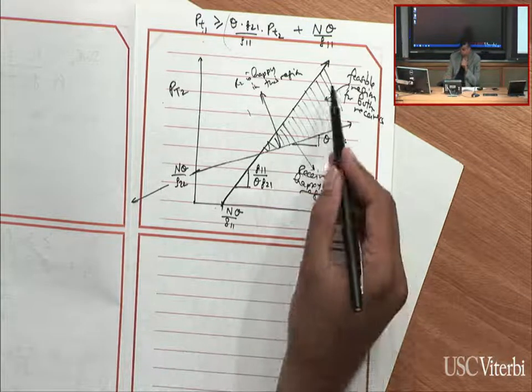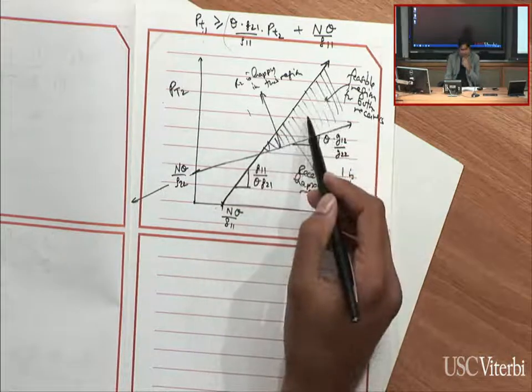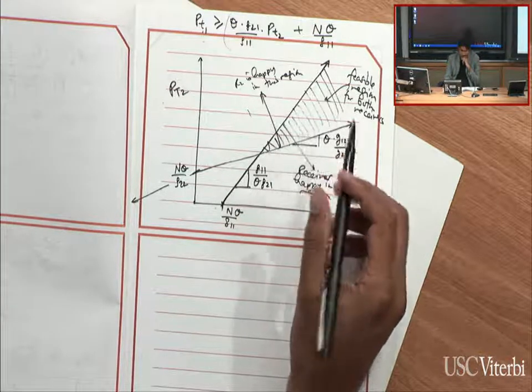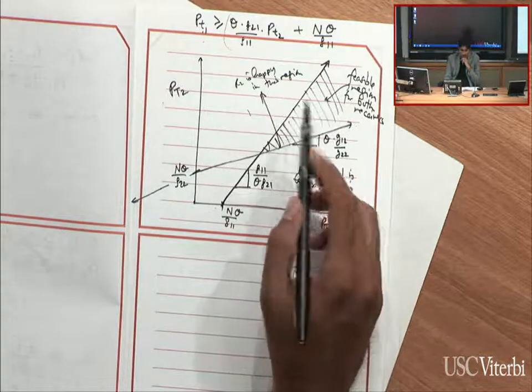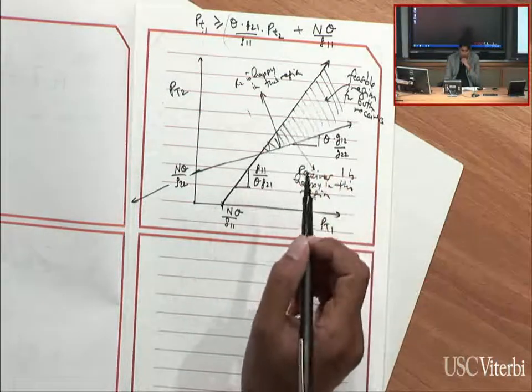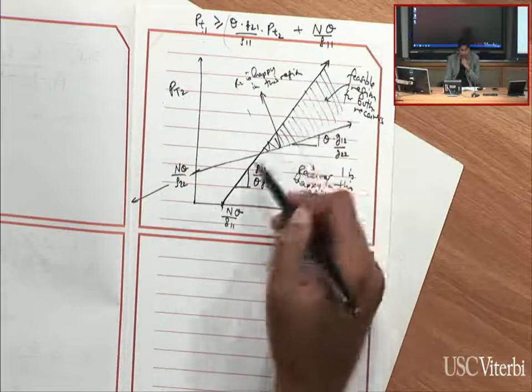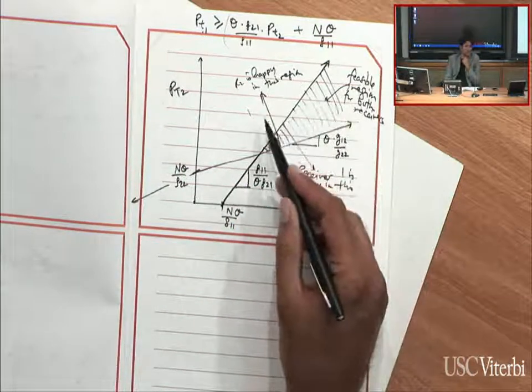So long as we set the power levels high enough for both PT1 and PT2 in such a way that it lies in this region, both receivers will be happy.